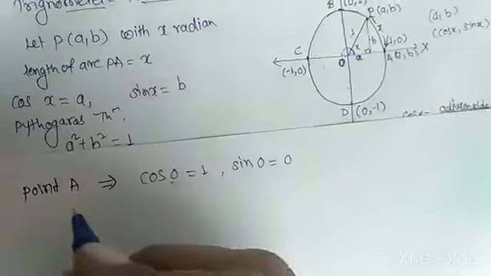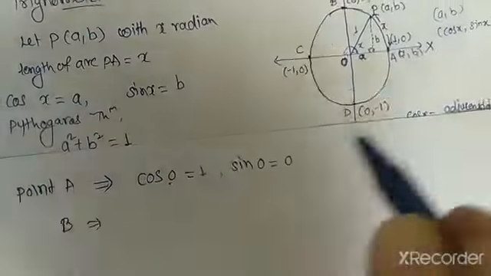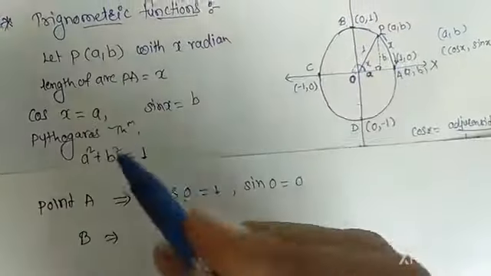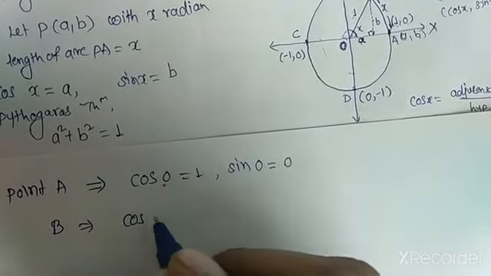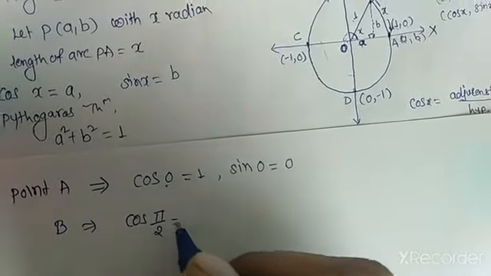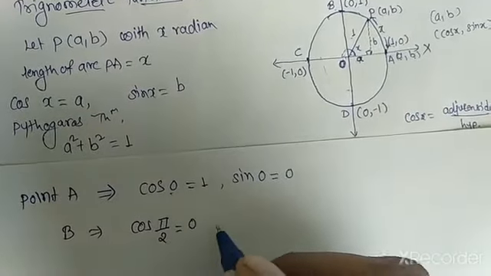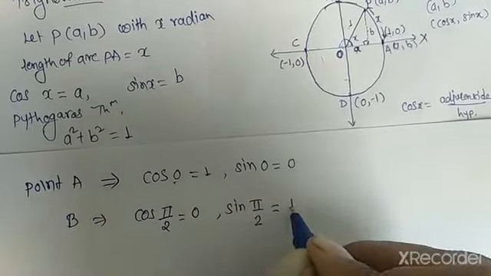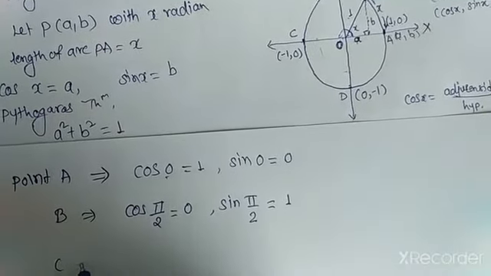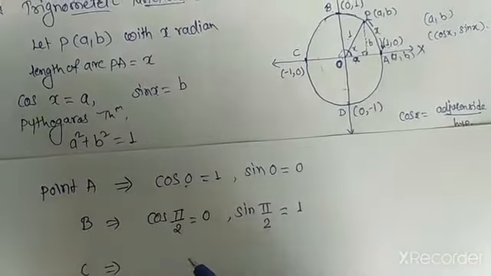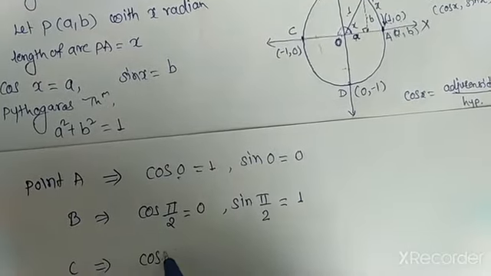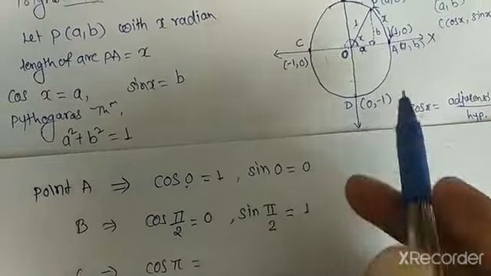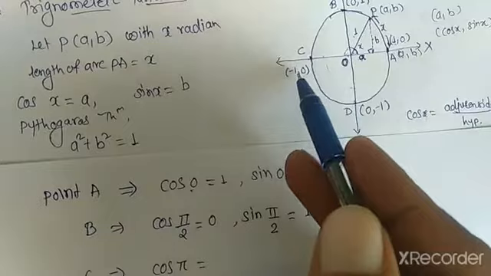At point B, which is 90 degrees, cos pi by 2 is equal to 0 and sin pi by 2 is equal to 1. Next at point C, the angle is pi, 180 degrees.